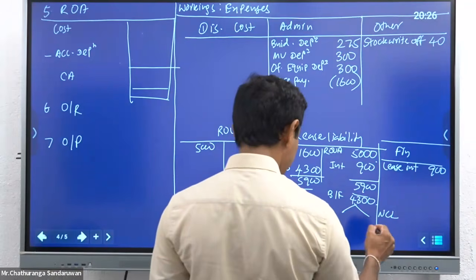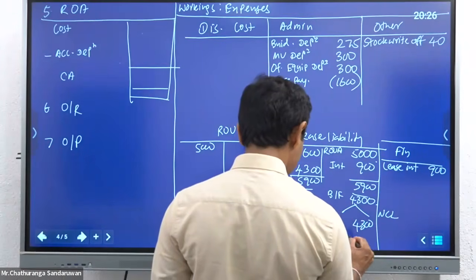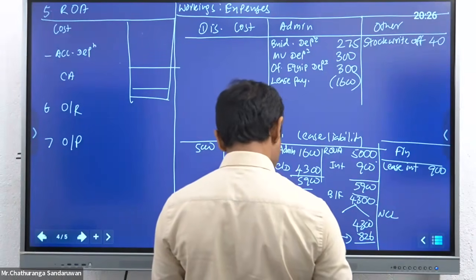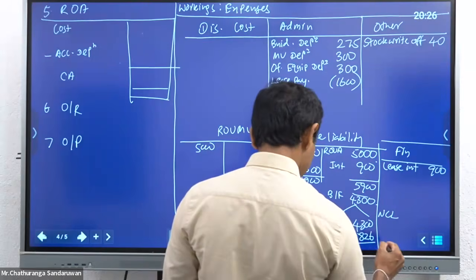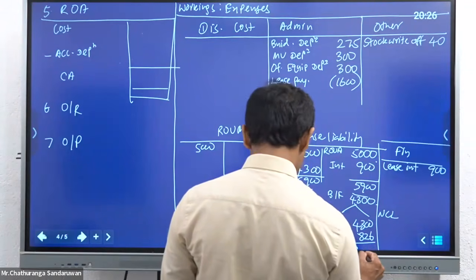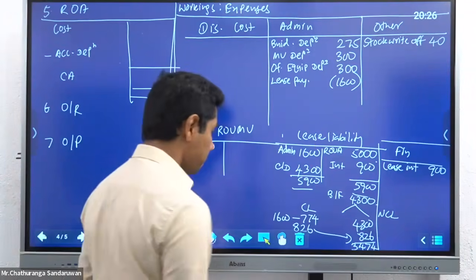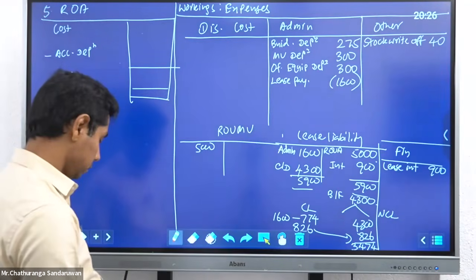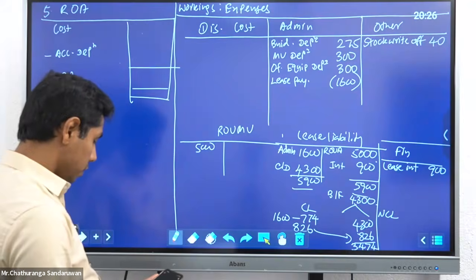So total liability is 4,300. From that deduct 826. So the balance is, if I take it here, 3,474. $3,474 and 826.